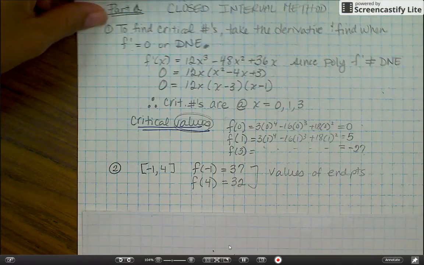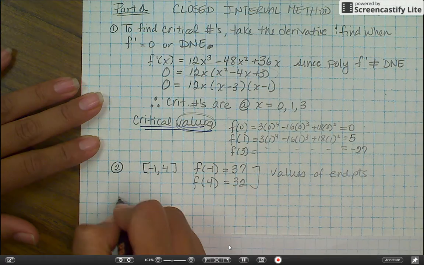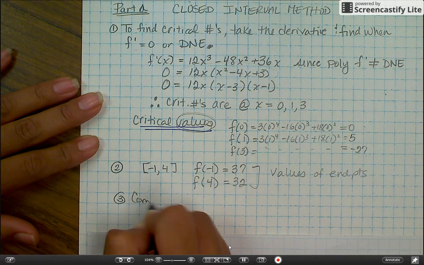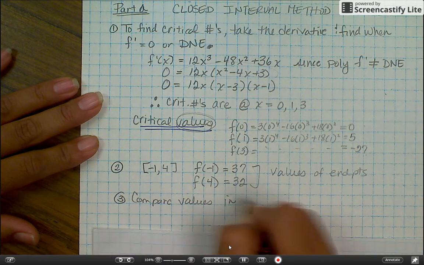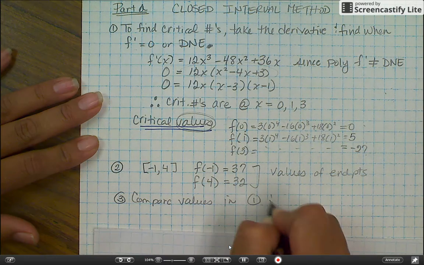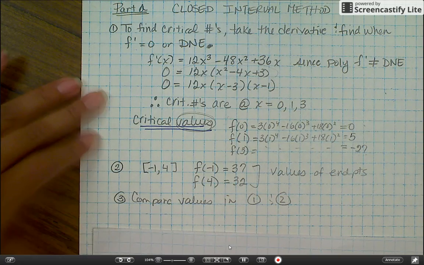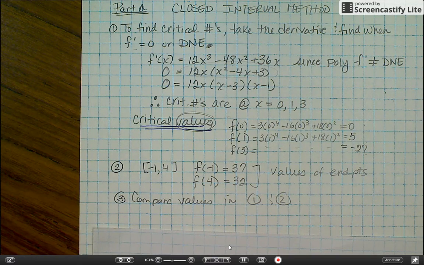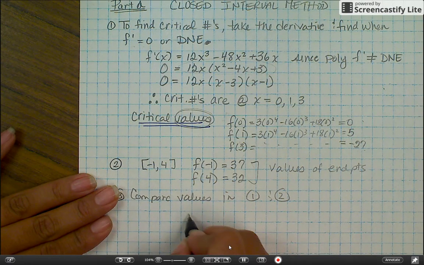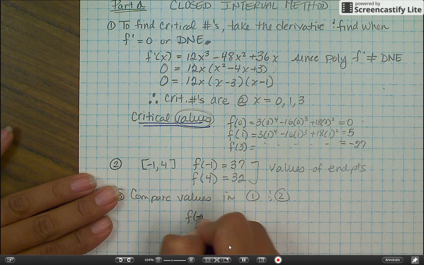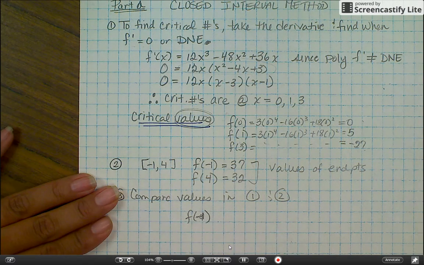Now, the third step in this closed interval method is to compare the values you get in steps 1 and 2. What I usually do is put them in order of their x values. So I go f of -1, that would be the first one.